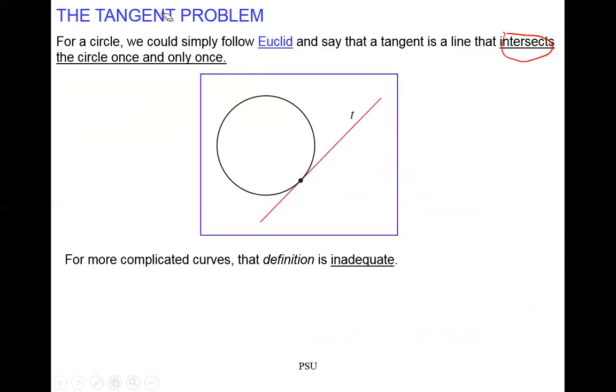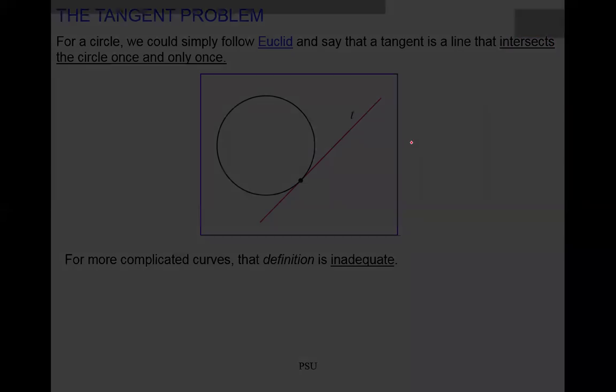Tangent from Latin means touching, right? It means the line is touching the curve, so we have one point of contact, one point of intersection. But we have to be careful with the word intersection.